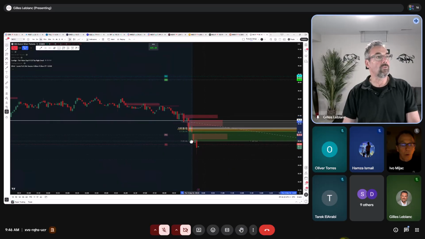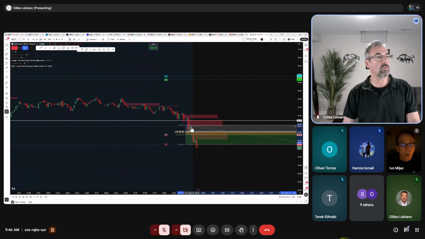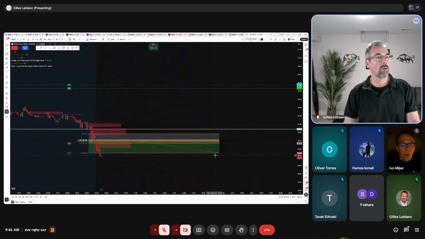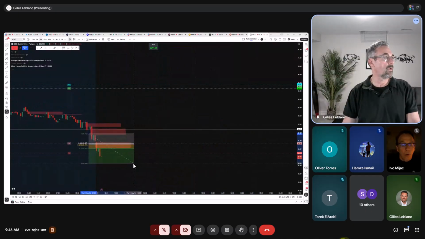So I would move now my fib from where we rejected. This is where sellers regain control. And this is where we stopped, right? Or was where the drop stopped and started buying.